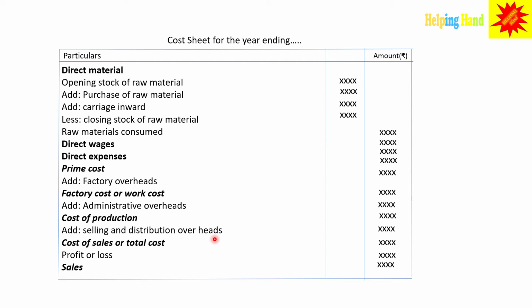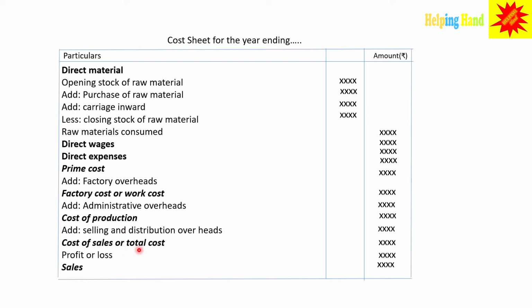For example, staff salary paid to salesmen, or advertisement expenditure for the promotion of your goods, so that is also related to your sales process, right? Or any traveling charges related to sales or distribution, all these come under selling and distribution overheads.